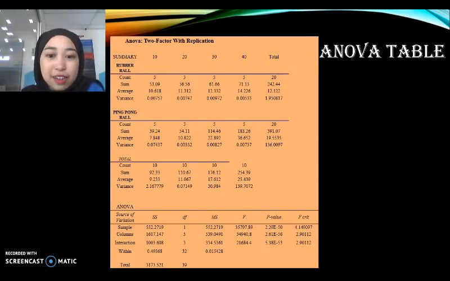The second is the column, which is also lesser than the F critical, lesser than F, so it is also reject the null hypothesis. And lastly is the interaction, which is also lesser than the F, so also reject the null hypothesis.